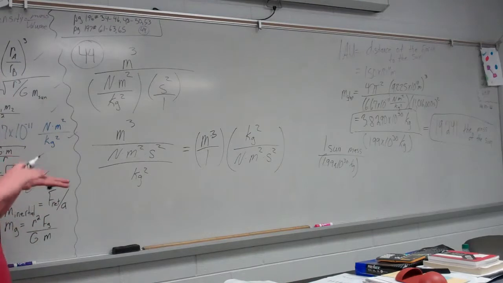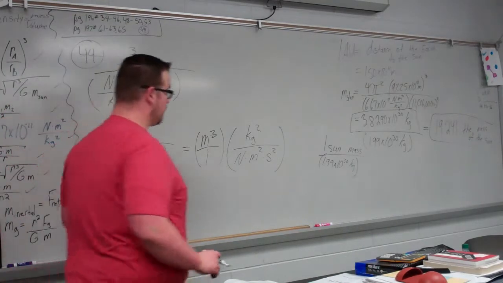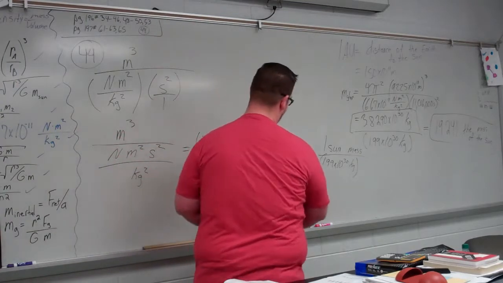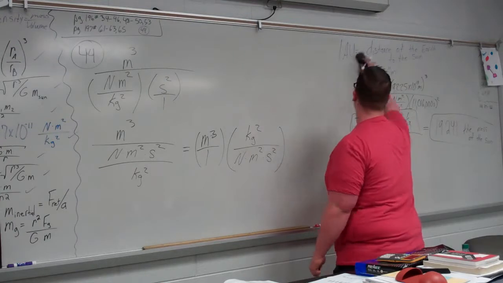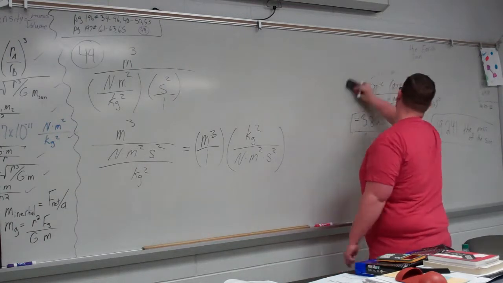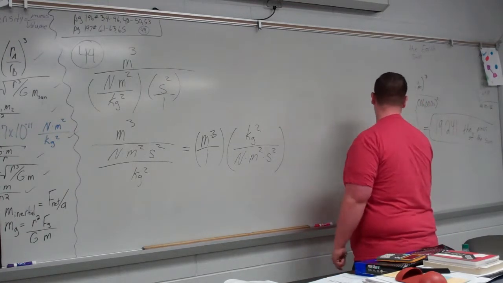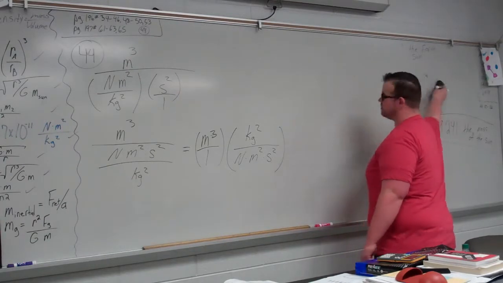Now I got these where they're just straight up fractions across from each other. So now things can cancel out a whole lot simpler and easier. So then what I do here is I'm going to convert that Newton now. And this is why your units are so important. You know what you're dealing with, so you know what you need to convert.